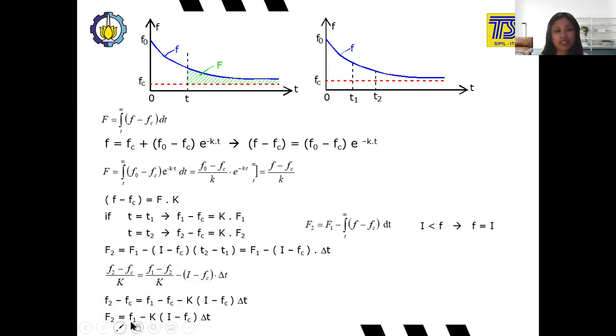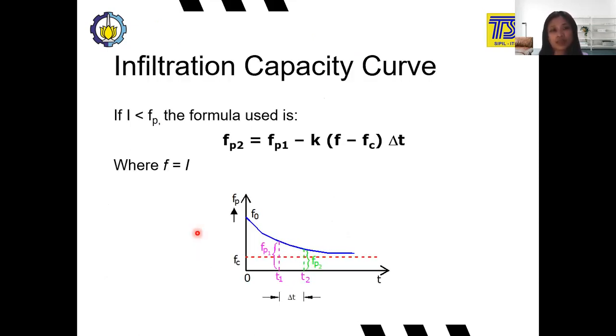After that, we get this equation: F2 equal to F1 minus k times the integral of i minus fc times dt. So it becomes the new formula which will be used if the rainfall is less than the infiltration capacity.